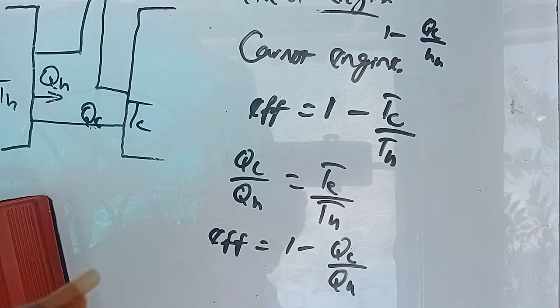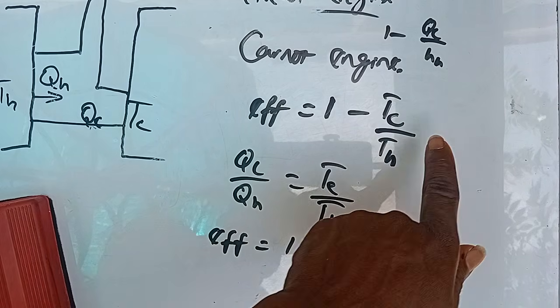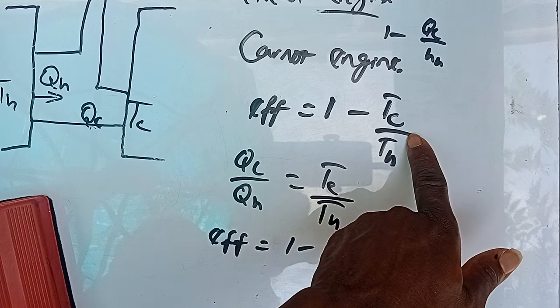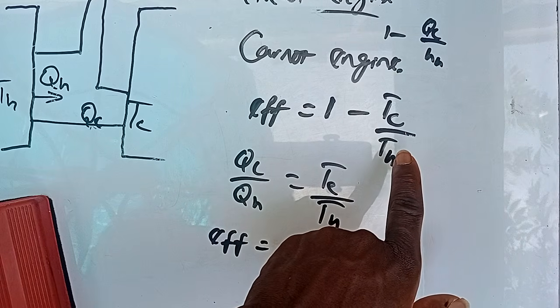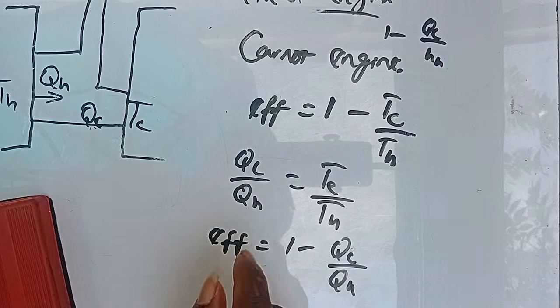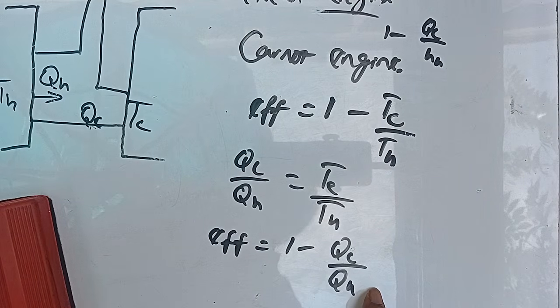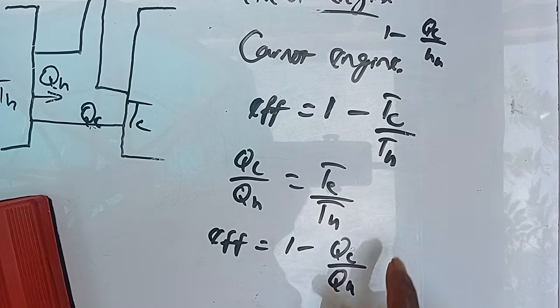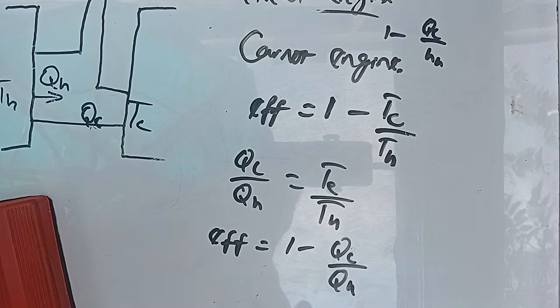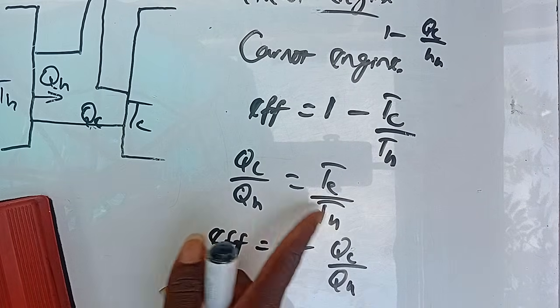Now, this is the difference, and this is the problem. You can never use this formula for a real engine. You can use this one for a real engine, whereas you can use both for Carnot engine, because in Carnot engine, these are equal to each other.